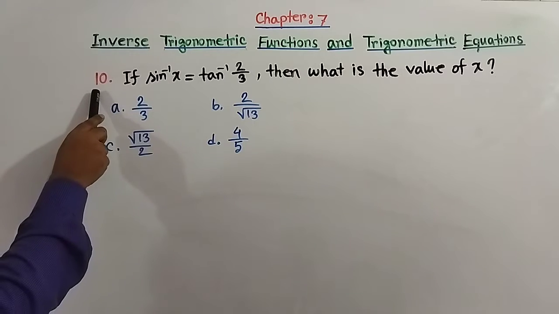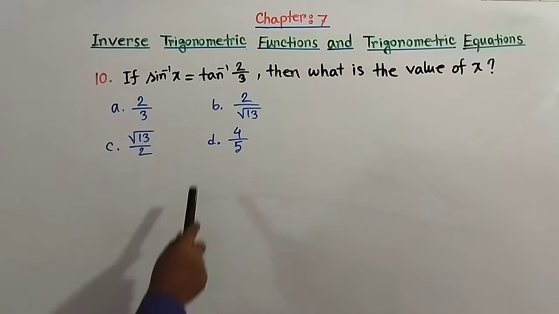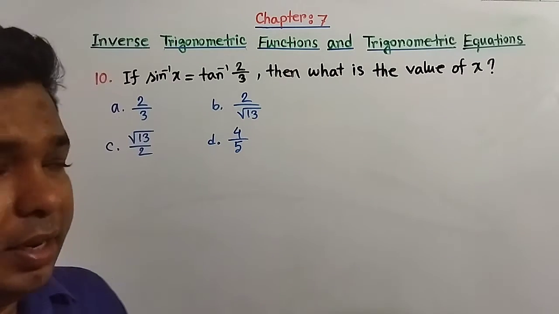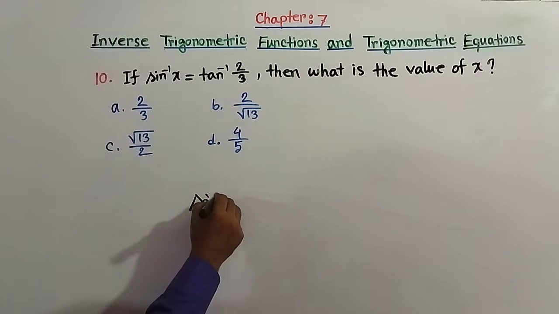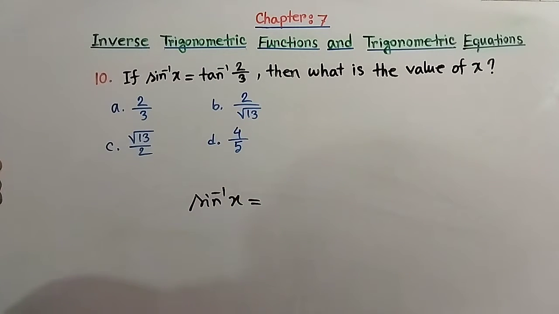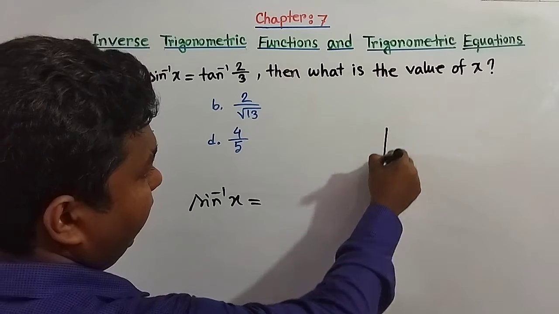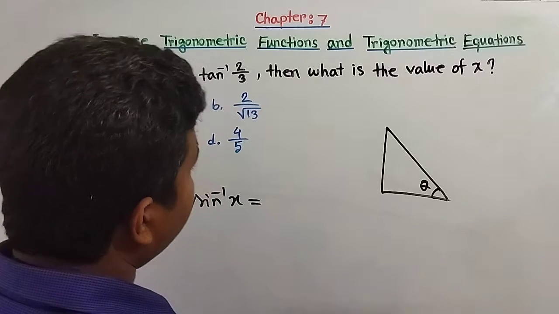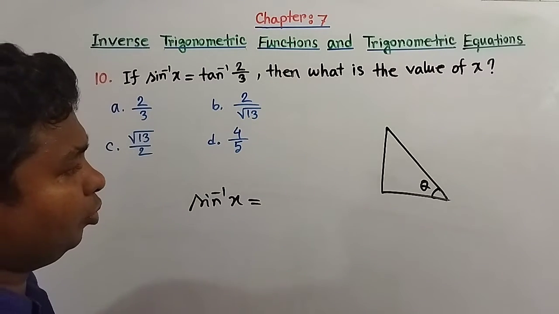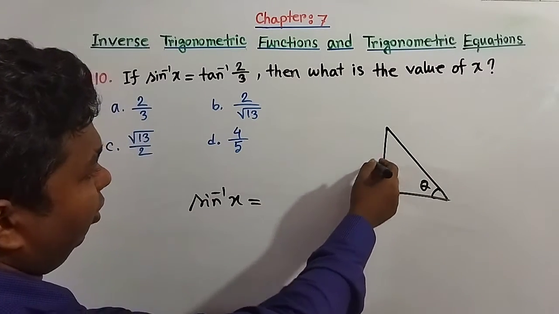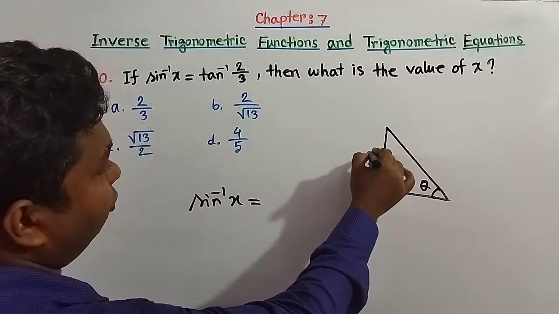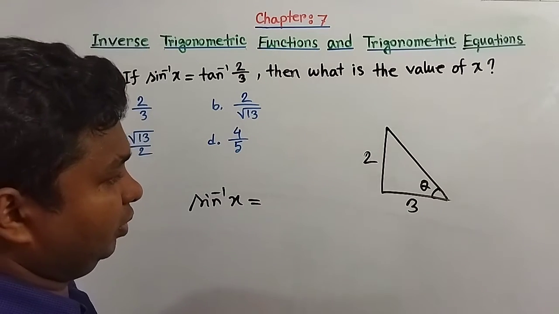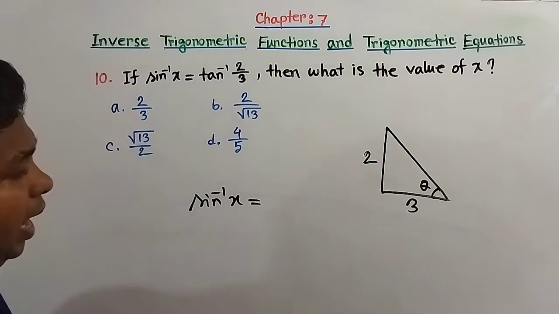Now question number 10, if sin inverse x equal to tan inverse 2 by 3, then what is the value of x? Here given sin inverse x equal to tan inverse 2 by 3. So by using a right angle triangle, let this be our acute angle theta, then we know tan theta equal to perpendicular by base, so we can compare the perpendicular as 2 and the base as 3. Then by using Pythagoras theorem, we have to find the hypotenuse.